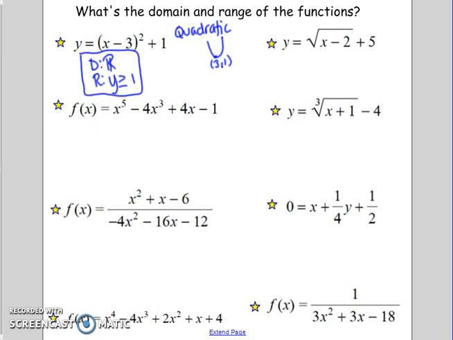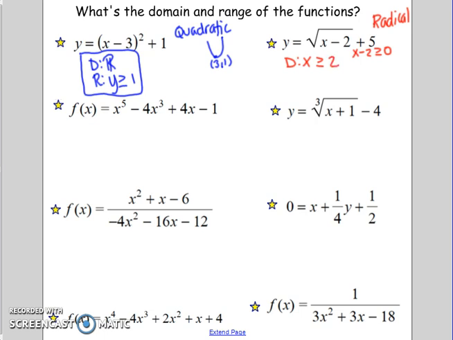Okay, next to it, we have a radical function, and it's a square root function. We know that the radicand can't be negative, so we're going to set the radicand to be greater than or equal to 0. So x minus 2 is greater than or equal to 0. So when we solve that, we get that the domain is x is greater than or equal to 2.